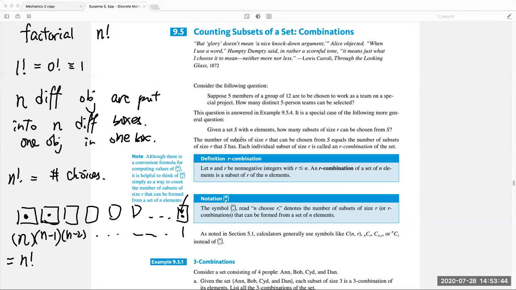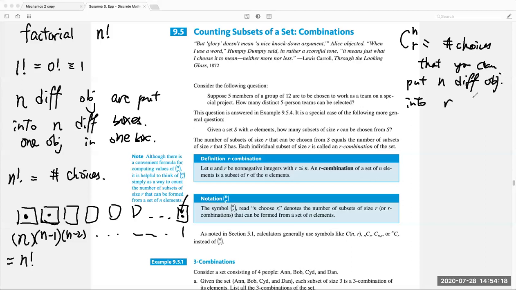If no question, let's have a look at what nCr means. nCr means the number of choices that you can put n different objects into r boxes, but n should be larger or equal to r.